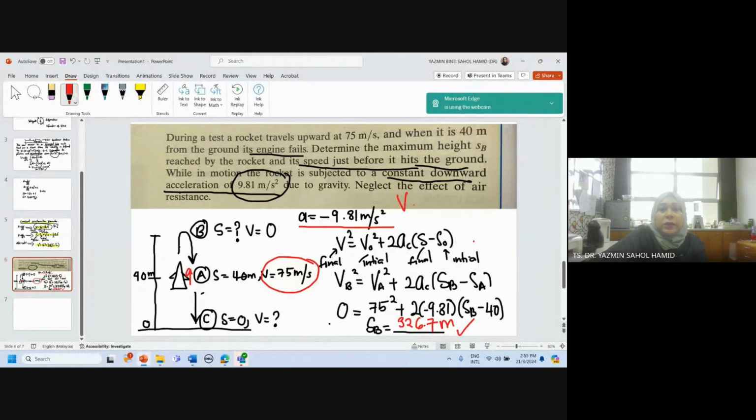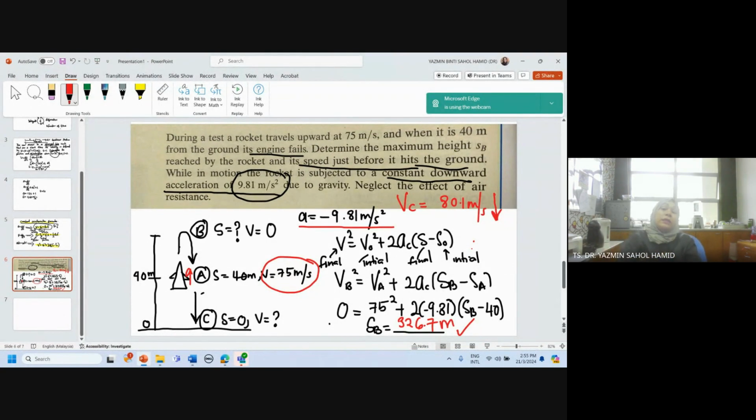VC is actually the velocity just before it hits the ground. The answer is 80.1 meters per second. Because the rocket is going down, we can add a negative sign to the velocity.